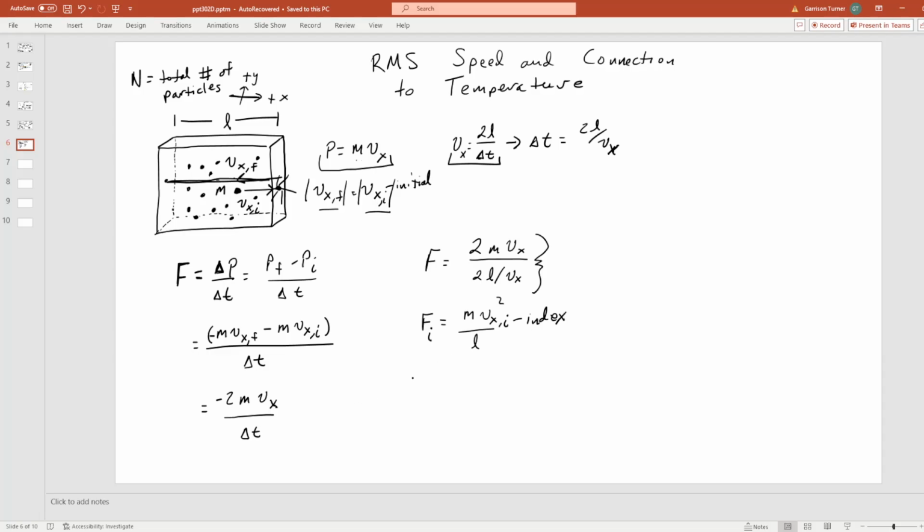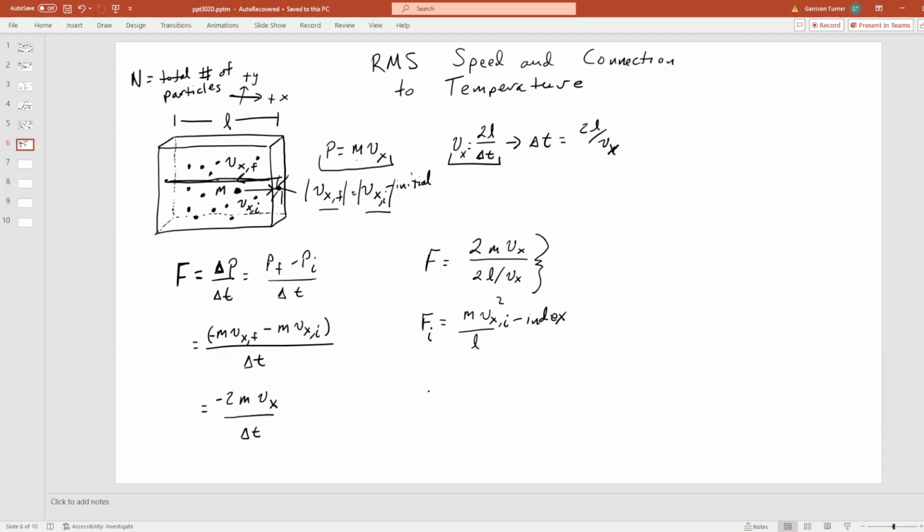And so the ith force, or the force exerted on the ith particle, will be m vx squared for that particle divided by the length of the container.